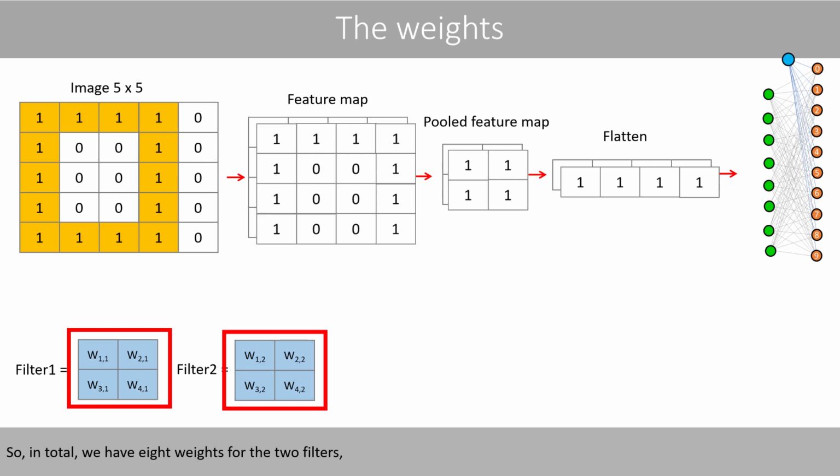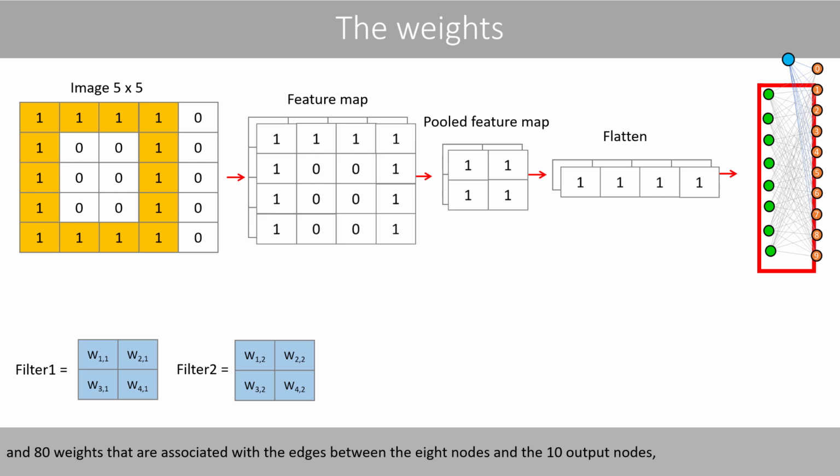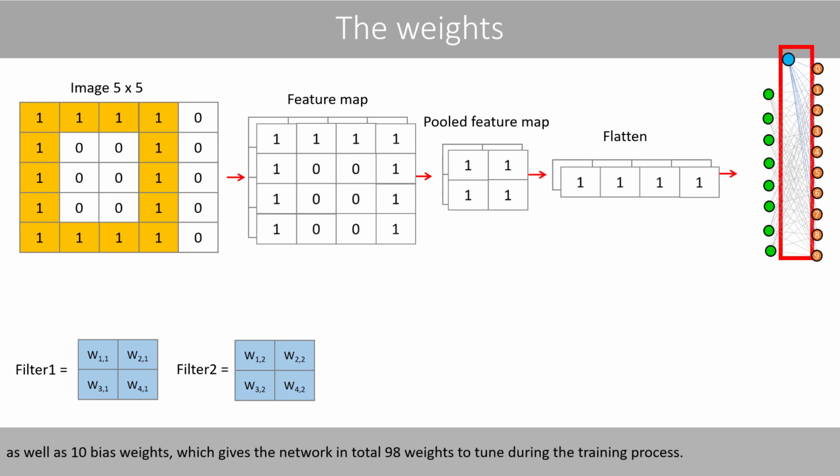So, in total, we have 8 weights for the 2 filters, and 80 weights that are associated with the edges between the 8 nodes and the 10 output nodes, as well as 10 bias weights, which gives the network in total 98 weights to tune during the training process.